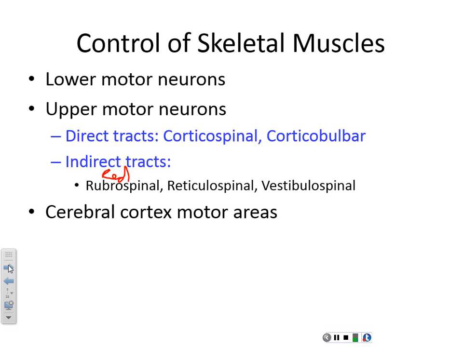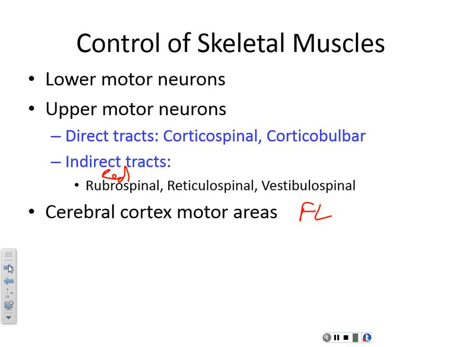And then the cerebral cortex motor area. This one will be located at the pre-central sulcus, so it's located in the frontal lobe of the brain, and that's the area that deals with motor information.